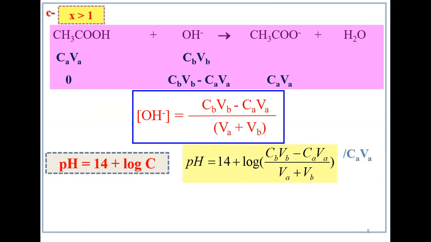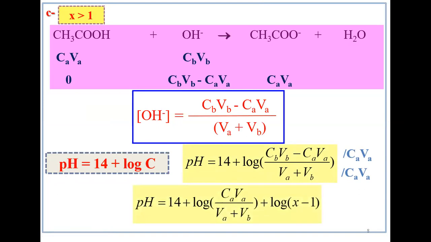If I divide the bottom of this equation and this equation by CAVA, why am I doing that again? Again, I want something in terms of x. Here we're just complicating it more than it has to be. And again, this is just an equation in terms of x. I recommend that you never use this. There's no need. It's more complicated than just doing the chart.